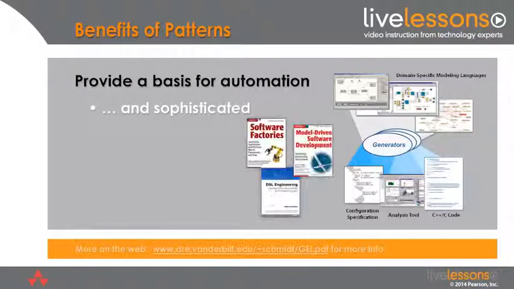Of course, there are much more sophisticated and powerful forms of automation that are also patterns-oriented as well. For example, there's a whole design paradigm called model-driven engineering, which uses so-called domain-specific languages and domain-specific modeling languages to be able to express designs at a higher level, more at the domain level, by using tools that represent various abstractions in a way that's representative to subject matter experts and domain experts within a particular context.